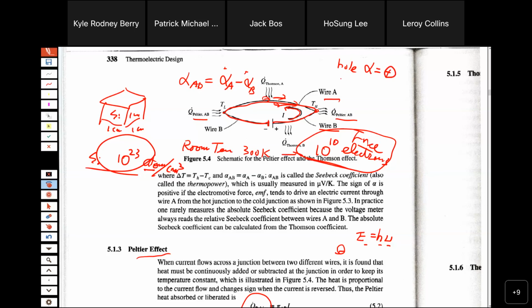I'm sorry, for the hole alpha is plus, for the electron alpha is minus. So if we put the minus here, it becomes greater. So I think that's why, if you put B as n-type and A as a p-type semiconductor, it's a great idea. That's immediately we can see that.